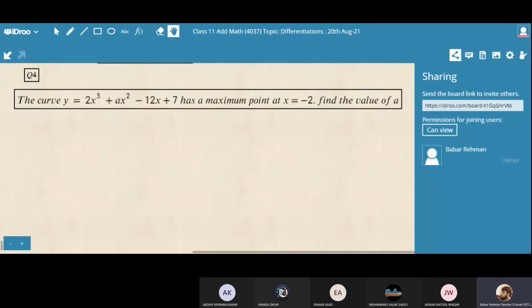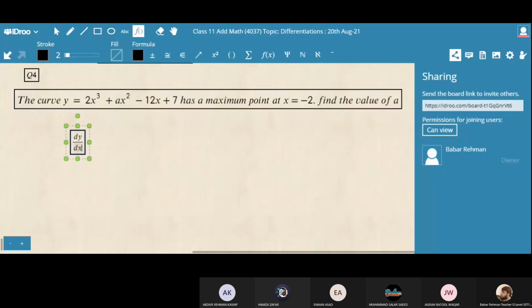So student, what will we do first? We find the derivative: 6x square plus 2ax minus 12. Now the maximum point is at x is equal to -2.